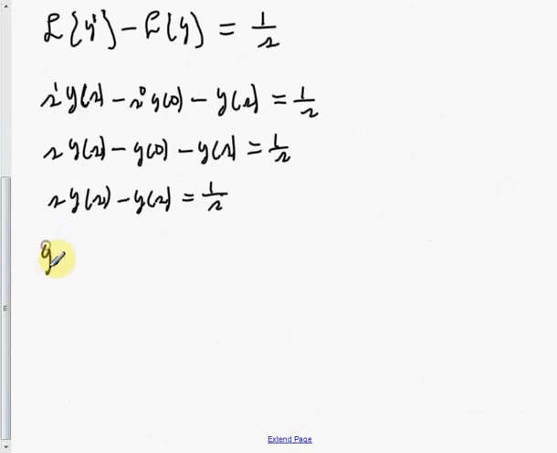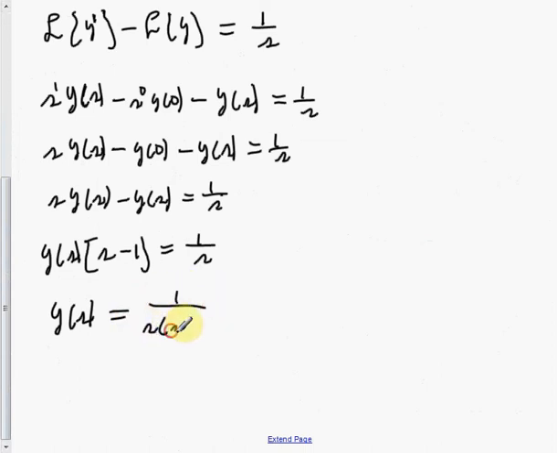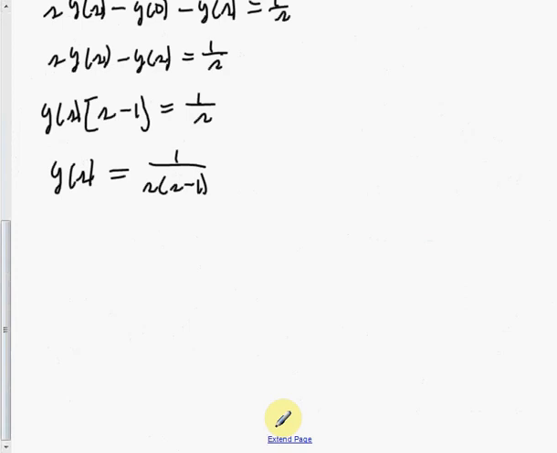You can factor this Y of s, and we have left s minus 1 is equal to 1 over s. Get the Y of s by itself. This is equal to 1 over s times s minus 1. Again, Y of s is the Laplace transform of y of t.